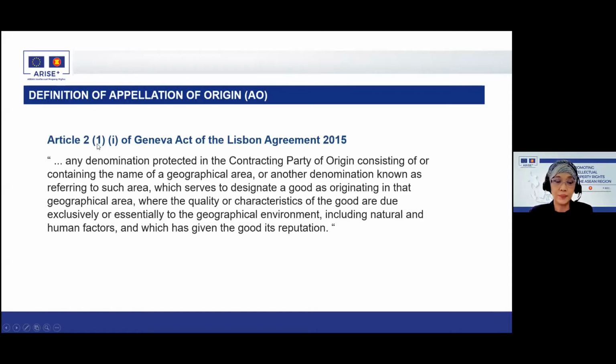In Article 2.1(i) of the Geneva Act of the Lisbon Agreement, the definition of appellation of origin is any denomination protected in the contracting party of origin consisting of or containing the name of a geographical area or another denomination known as referring to such area which serves to designate a good as originating in that geographical area where the quality or characteristics of the good are due exclusively or essentially to the geographical environment, including natural and human factors, and which has given the good its reputation.